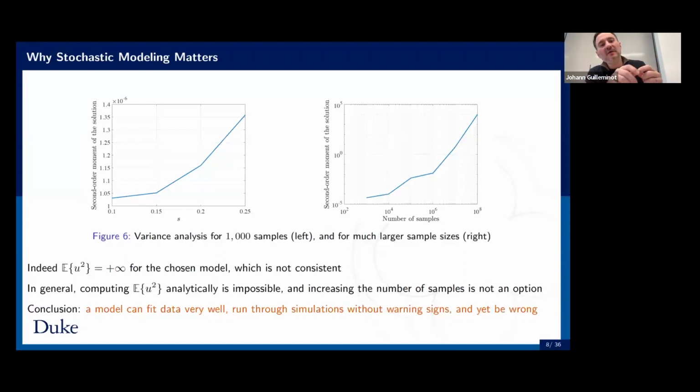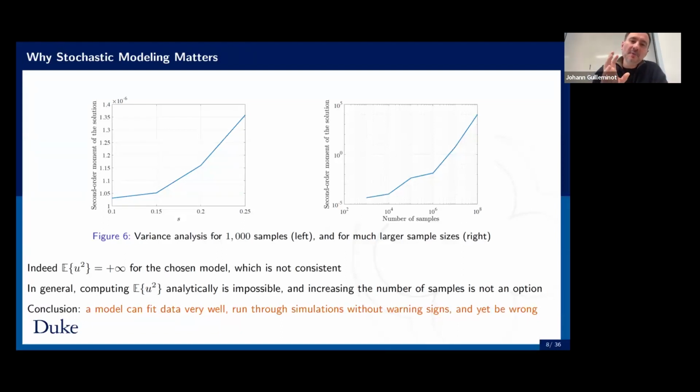So what you see is that my response makes sense because when I put more stochasticity in the system, I have more stochasticity in the output. And moreover, if you look at the magnitude of this second order moment, it looks reasonable. So if you just rely on that, the fact that you can run your computations, the model is okay, and you can actually publish something like this.